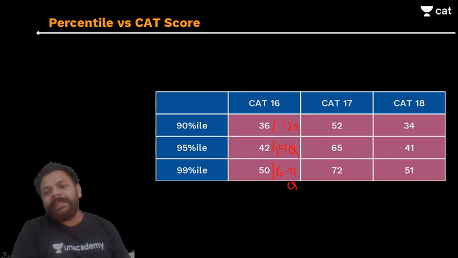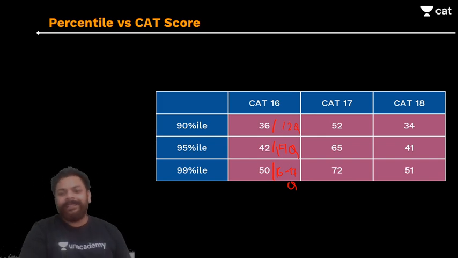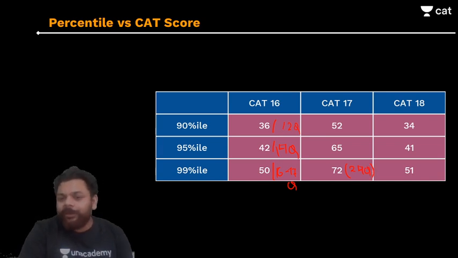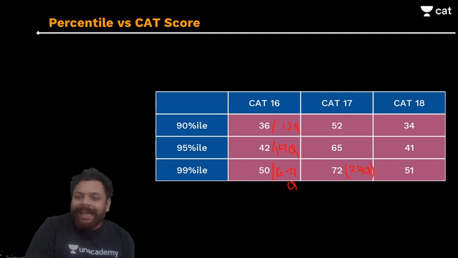Similarly, since CAT 17 was easy with respect to quant, the cutoff was high. That's the reason to achieve 99 percentile, you had to solve 24 questions, and in CAT 18, 17 questions.